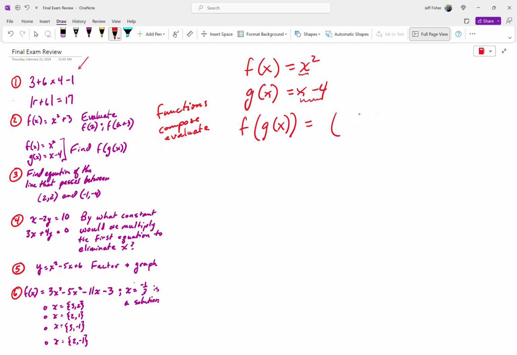So I like to put parentheses around our guiding function, which is the x squared function. F of x is the one on the outside. So I put the x in parentheses, any x, if I had multiple x's in that equation, which I don't, but I only have the 1 x, so I put parentheses around it, and then I fill it in with g of x, x minus 4, and so that's what the composition of f of g of x equals.